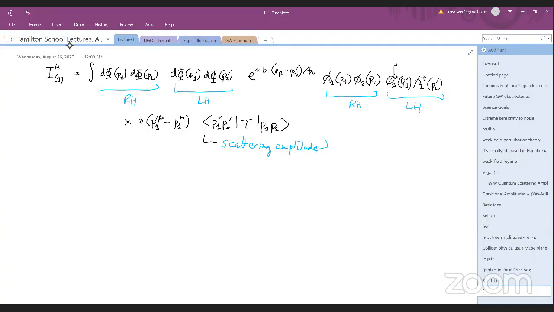So there are a number of things that are peculiar about this. First of all, it's linear in an amplitude, and we're not used to that. Physical quantities are usually quadratic in an amplitude. If we think about a differential cross-section, it's a tree amplitude squared, and then of course there are interference terms between loops and trees, but it's a quadratic kind of object.